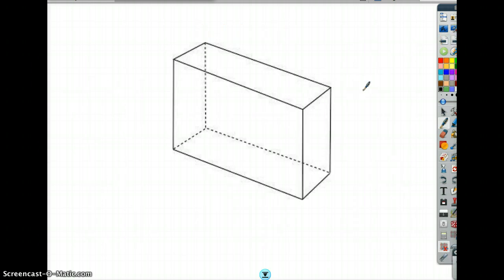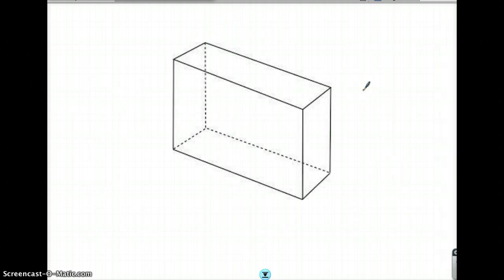We're going to be looking to find the surface area of this particular shape, which was a rectangular prism, right? And when I'm talking about surface area, I'm not talking about how much this shape can hold. That's a question of volume. I don't want to know how much stuff I can put inside of this box.